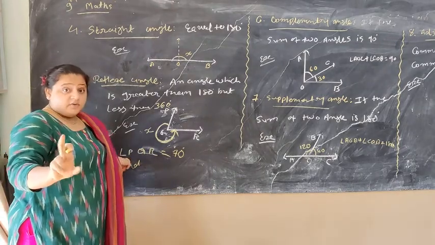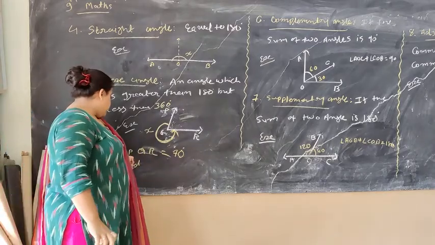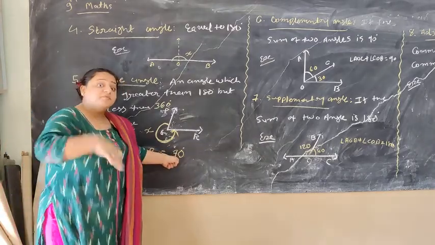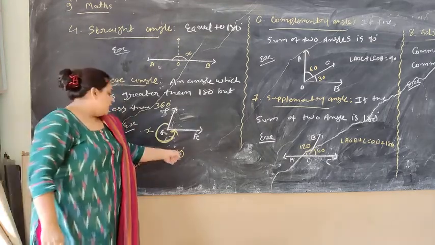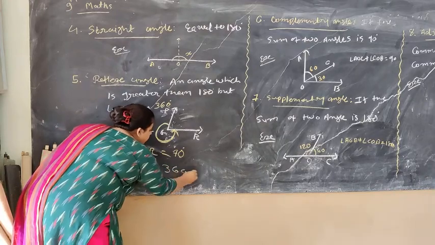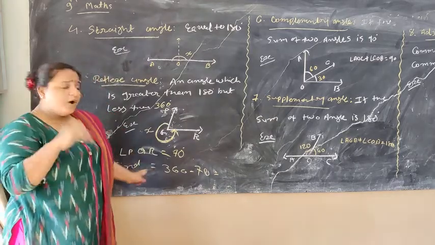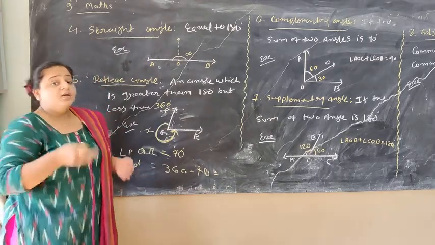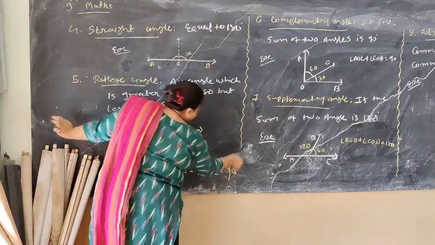See, they will use the word angle PQR on both sides. If angle PQR is 70, then find the reflex angle of PQR. For that, what will you do? You will do 360 minus 70, because it is known as the reflex angle, which is 290.